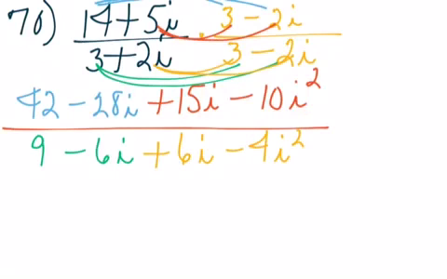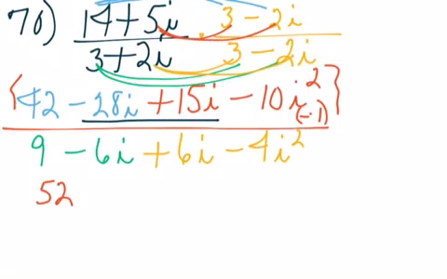Once again, the I squared is a negative 1. So negative 10 times negative 1 is positive 10 plus 42 is 52. Negative 28I plus 15I is negative 13I. On the bottom, the 6I's cancel.